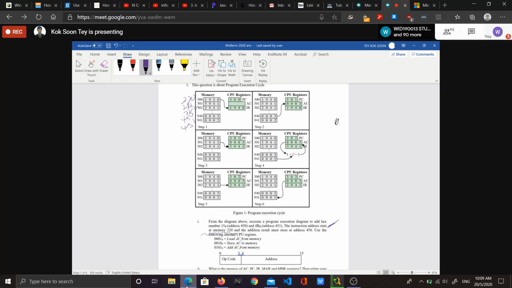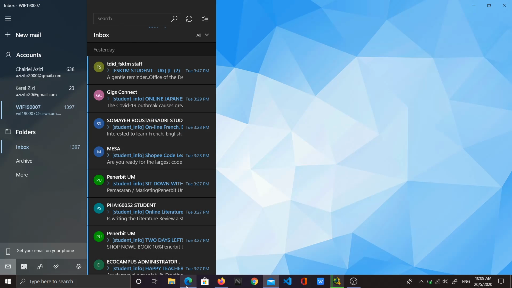Follow the sequence. Then they want to add two numbers, which are at addresses 450 and 451. So the two numbers should be at 450 and 451.